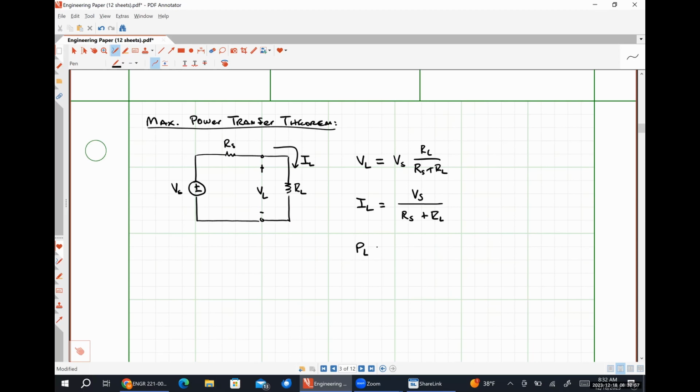And now let's explicitly look at the power, since we're trying to figure out how to maximize power. So I'm going to multiply VL times IL. And that's going to look like VS squared times RL divided by RS plus RL quantity squared.